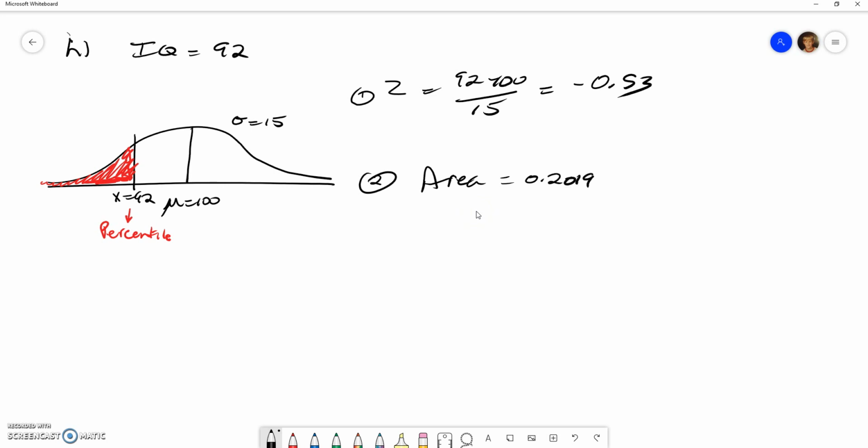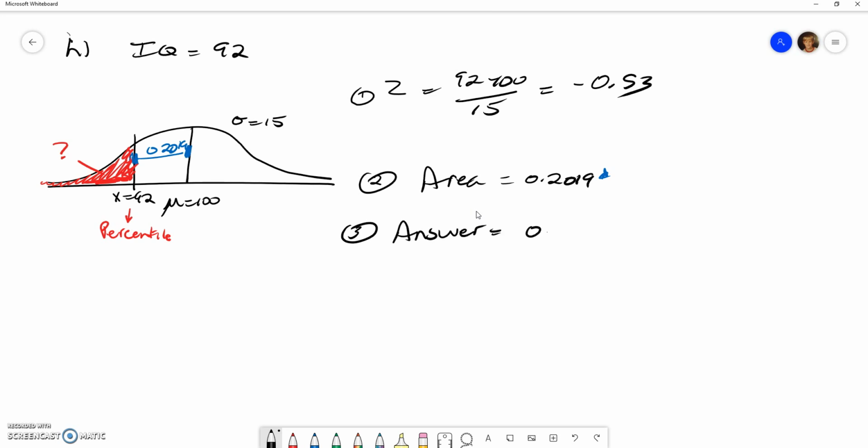Remember, this value here is always from the middle outwards. So this is 0.2019. We want this area in red. We want this area here. That's a big unknown. So step 3 is to find our answer.